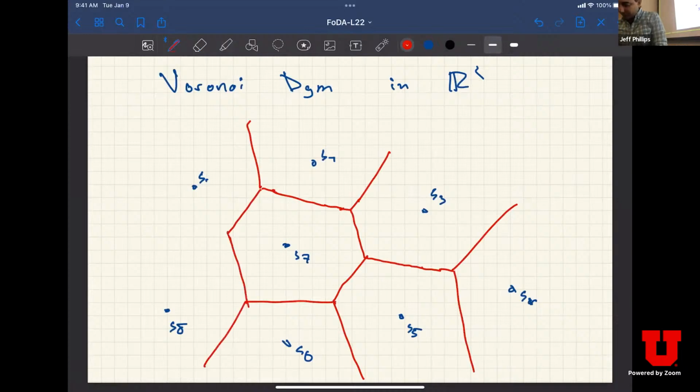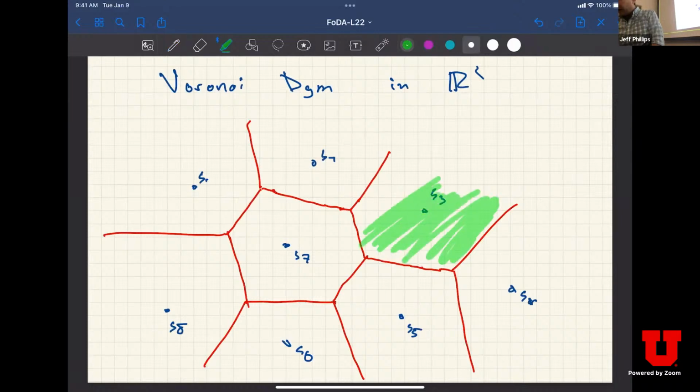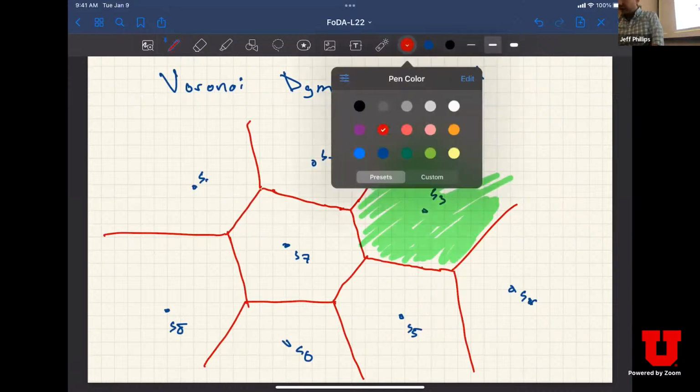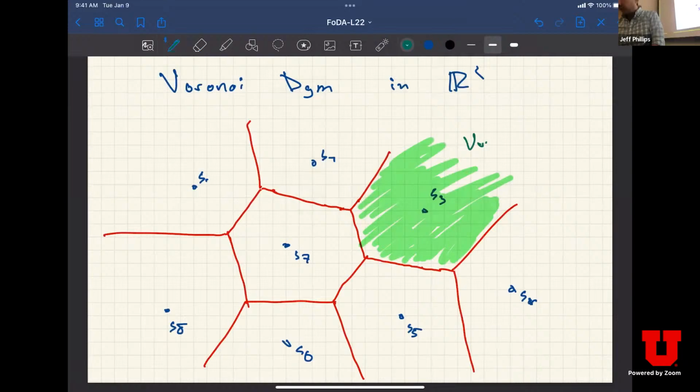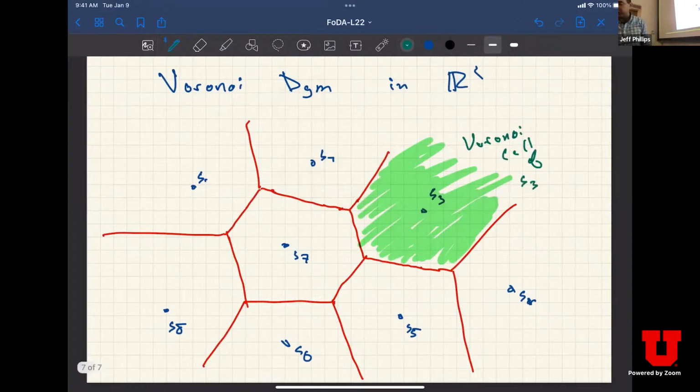I've drawn a bunch of these. Not perfect, but okay, great. So this is what the Voronoi diagram looks like now. If I were to highlight, this is the Voronoi cell of S3, right? This region in here.